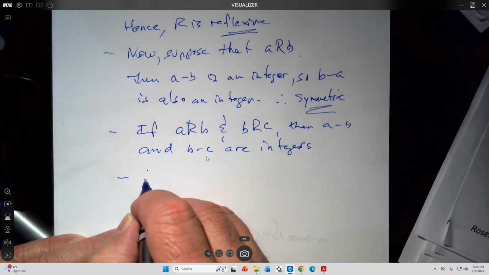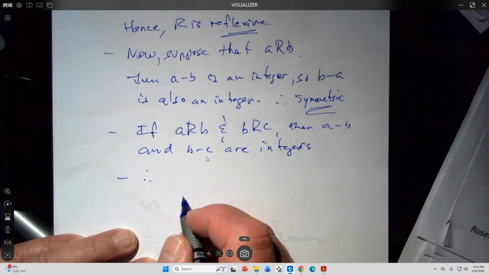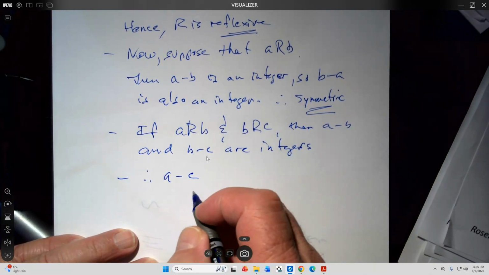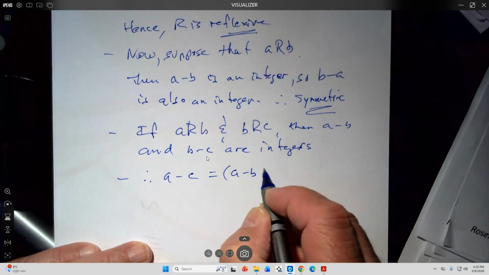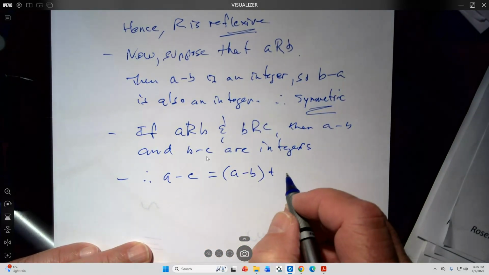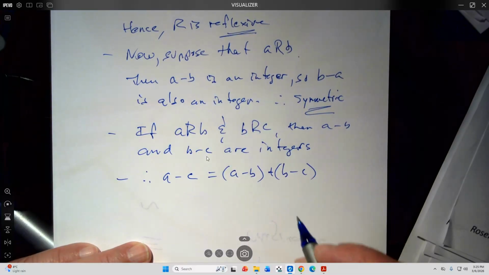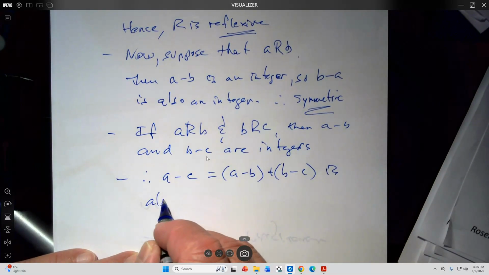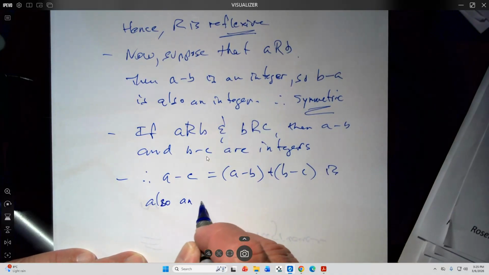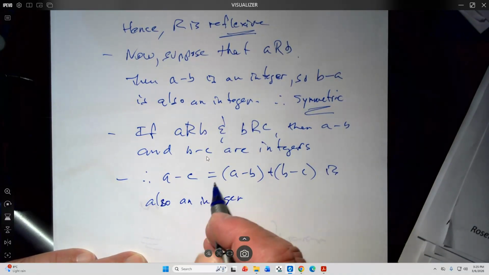Therefore, A minus C equals A minus B plus B minus C, which is also an integer, clearly.